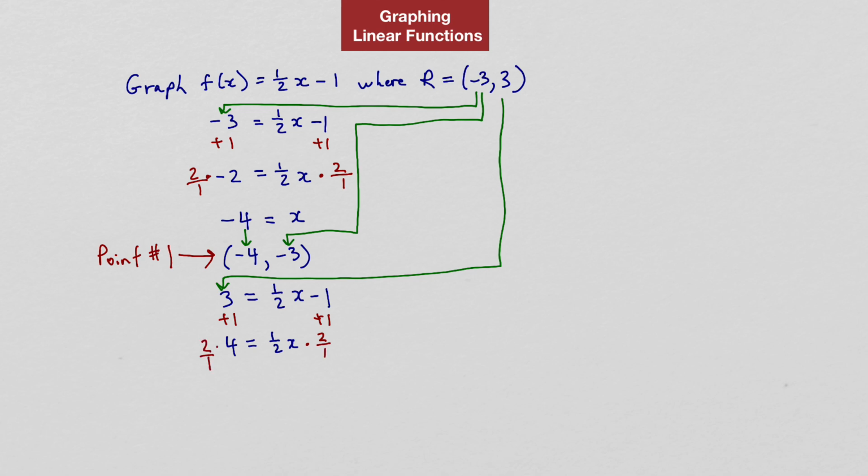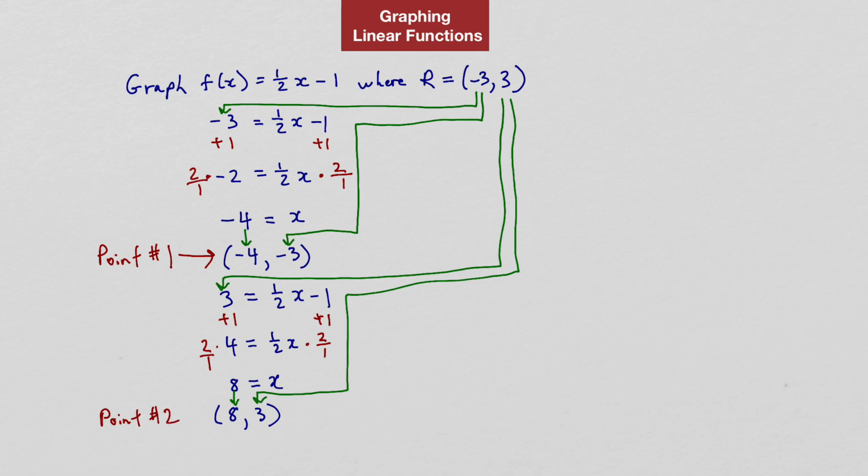And when we do, we get 8 is equal to x. Okay, then our second point is going to be 8, comma, 3. So this 8 flows down to there, and this 3 comes down to here. Okay, so we're going to label this point number 2.